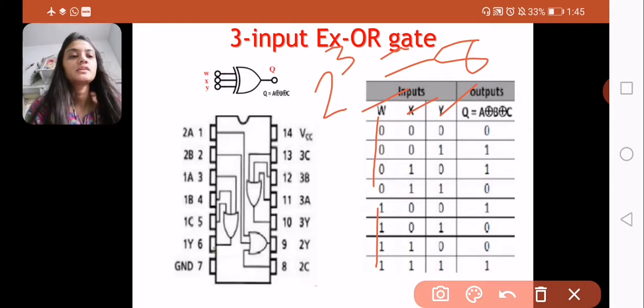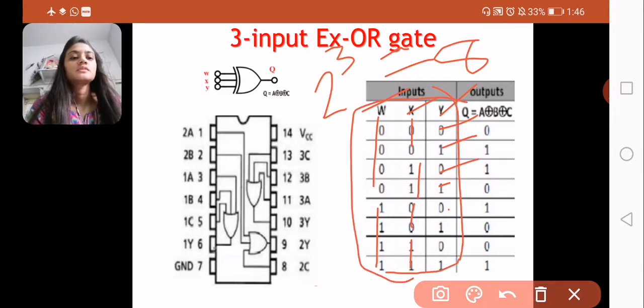In the next column, half of 4: write 2 times 0, 2 times 1, 2 times 0, 2 times 1. In the last column, 0 1 0 1 0 1 0 1. So in this manner you have to write the table. Okay, and this is the easy method to define the input combinations.